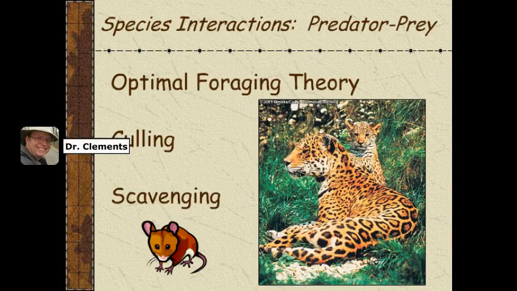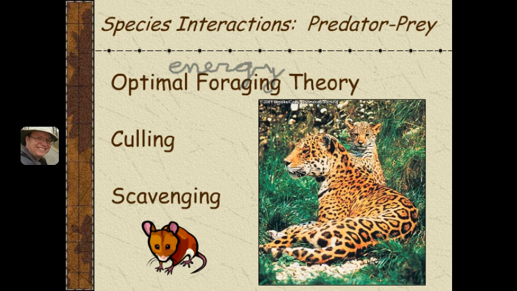Now, there are some important things to consider when we're talking about a predator-prey interaction. And it is important to keep in mind that everything in an ecosystem, everything in nature, everything comes down to the idea of energy. And let's face it, the predator is trying to get energy from its prey. It's acquiring energy from the prey that it eats.